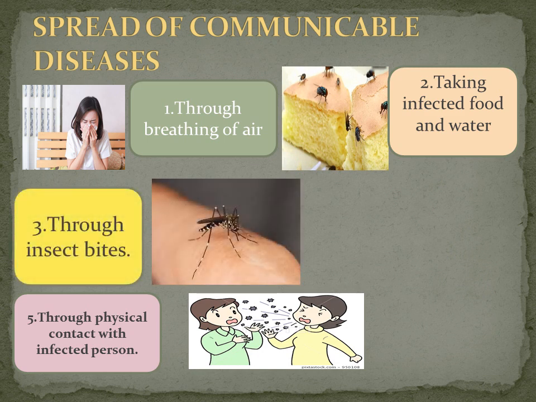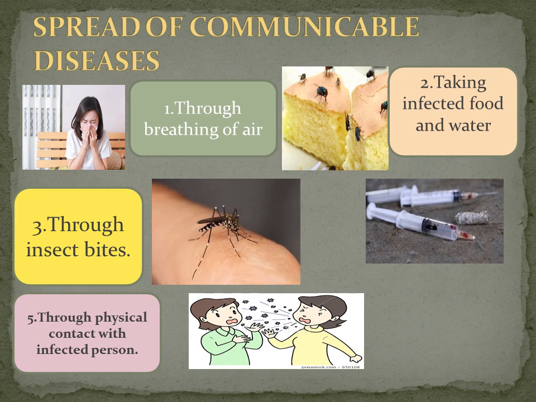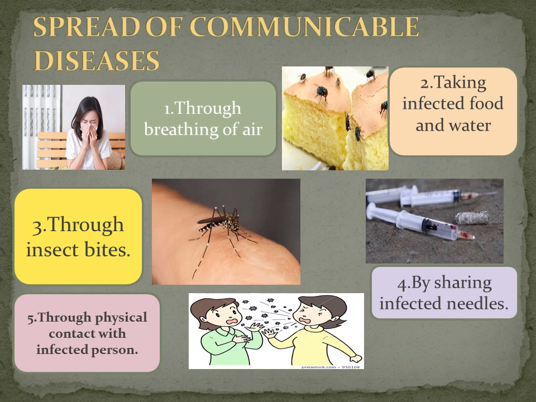The third one is through insect bites. For example, malaria and dengue are caused by the bite of a mosquito containing these diseases. The next is by sharing infected needles. If the needles contain infected blood, then they can cause the disease.